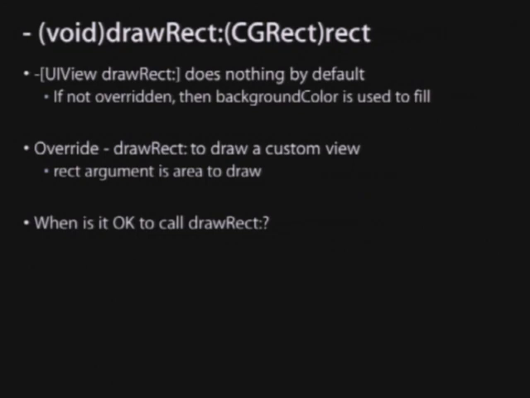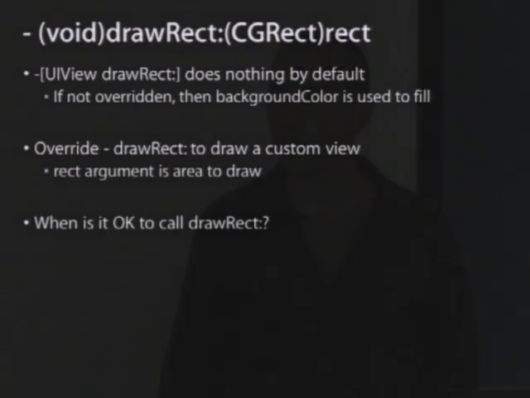And when is it OK to call drawRect? Does anybody want to guess? Never. Don't call drawRect. If you're implementing a subclass of a subclass, the exception, of course, is to call super on your superclass's drawRect.